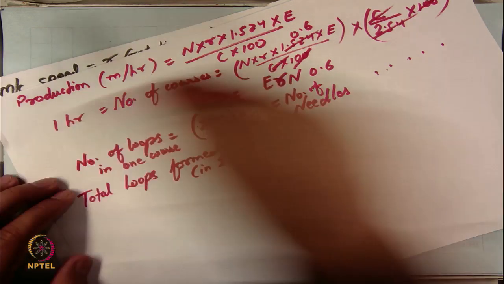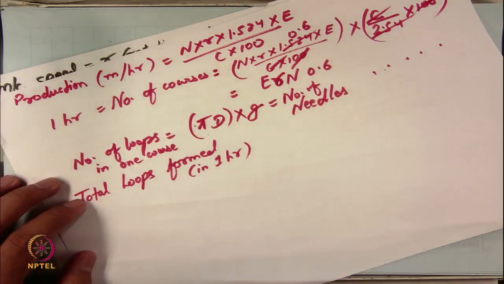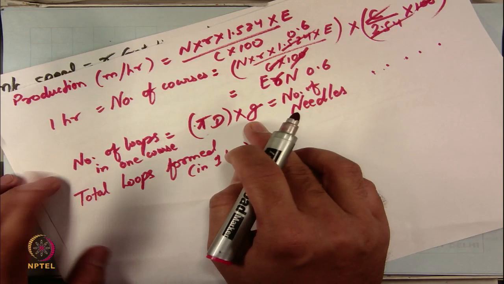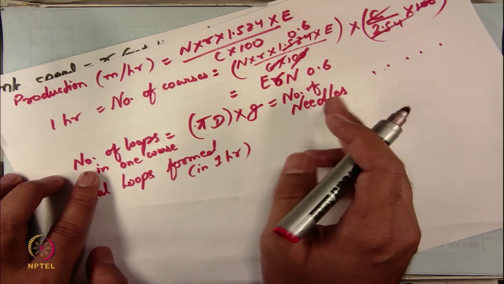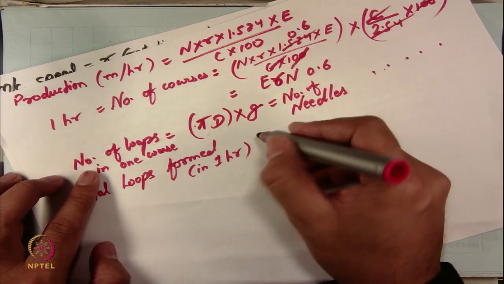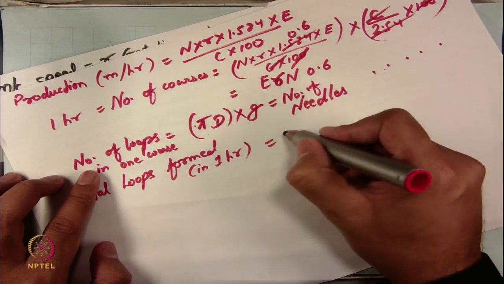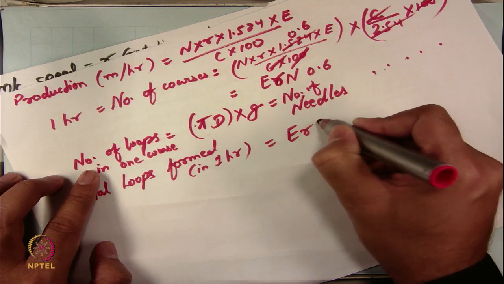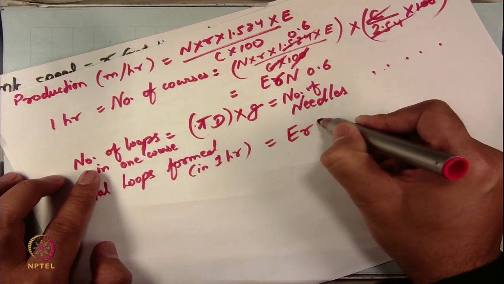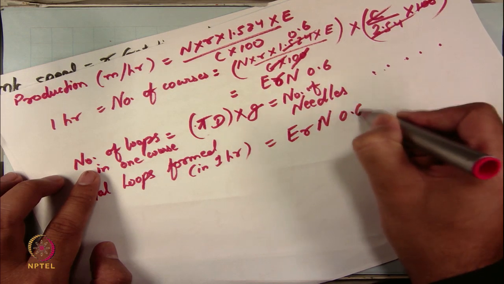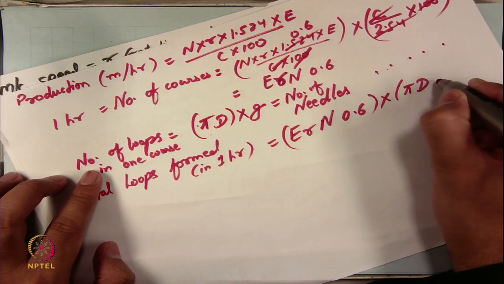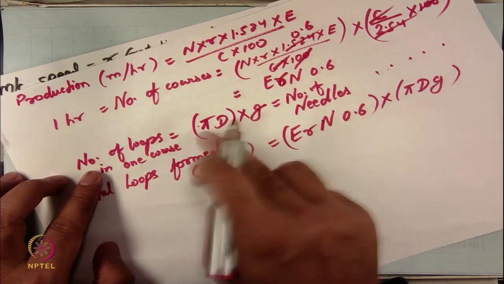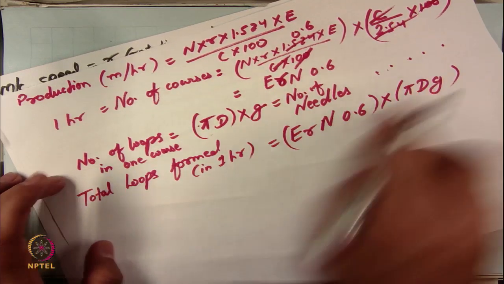So, if you count the number of needles along the circumference, they will be making the number of loops in one course. So, if you multiply this E R N 0.6 into pi d G, we multiply this and this, so we get it here.